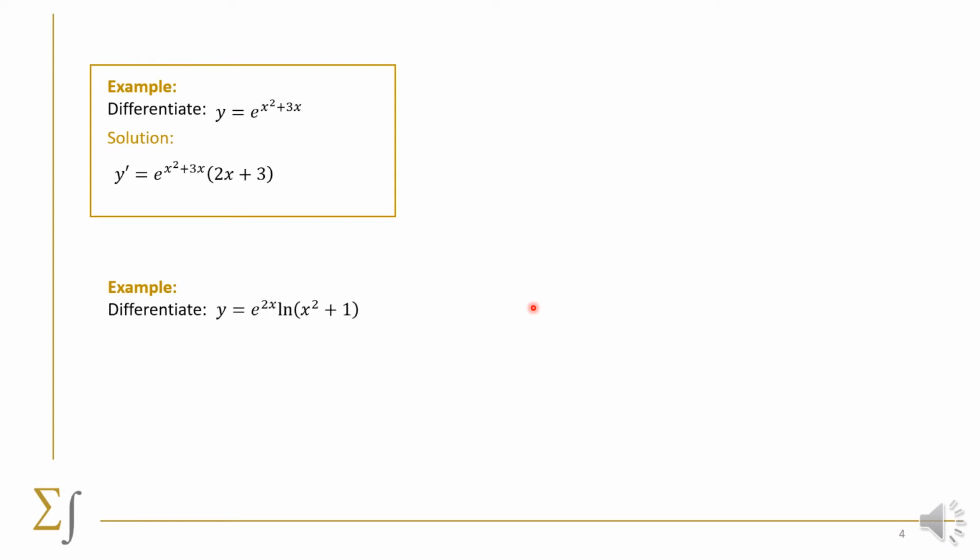We move on to the next example. We have y equals e power 2x multiplied by ln of x squared plus 1. So here we have the product of two functions, u and v, and we will apply the product rule, which is y prime equals u prime v plus u v prime. We will take u to be e power 2x and v to be ln of x squared plus 1.